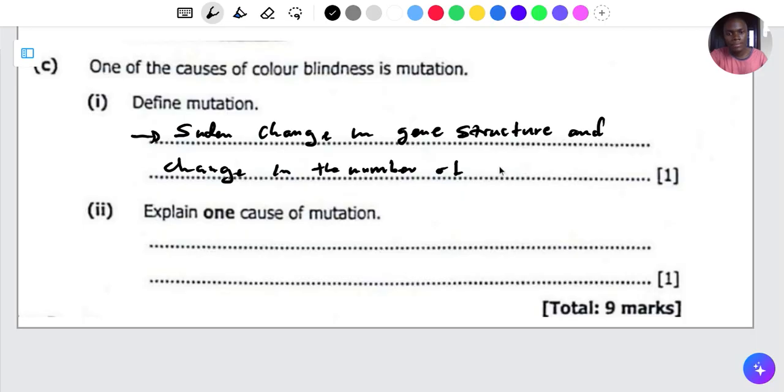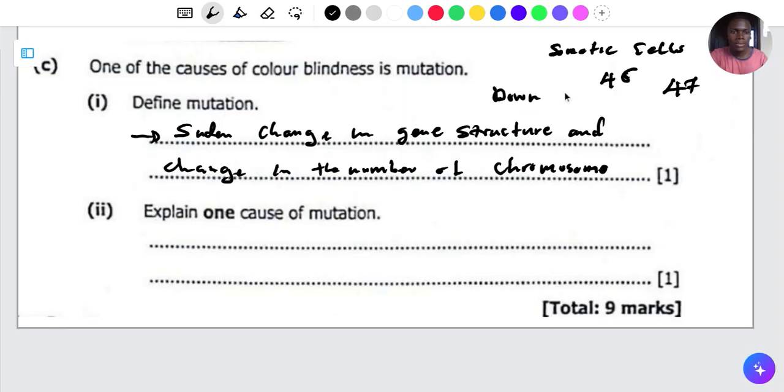In talking of the number of chromosomes, we know that somatic cells, which are body cells, have 46 chromosomes. So if there is a change in the somatic cells, let's say for example someone has 47 chromosomes, it means this person is going to have what we call Down syndrome.